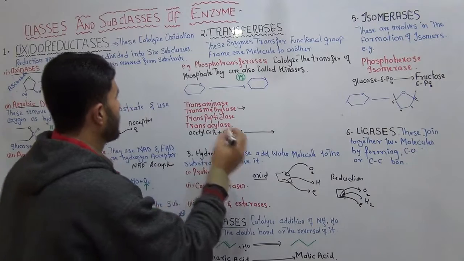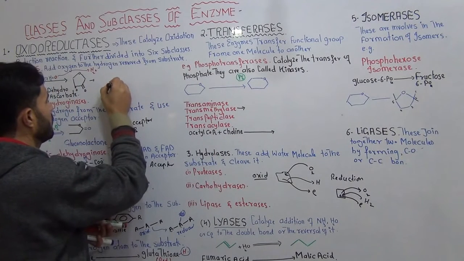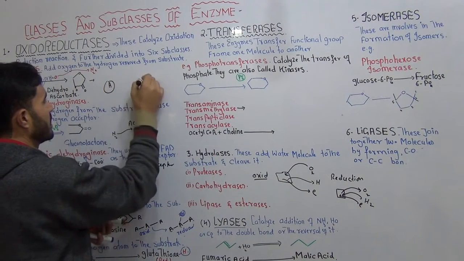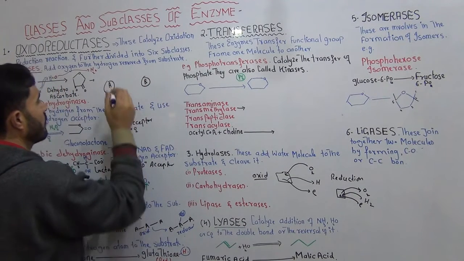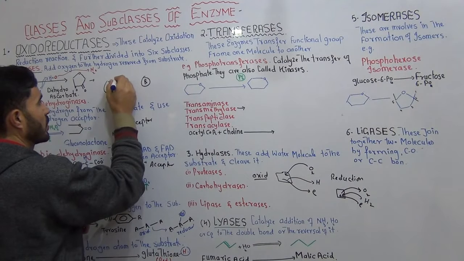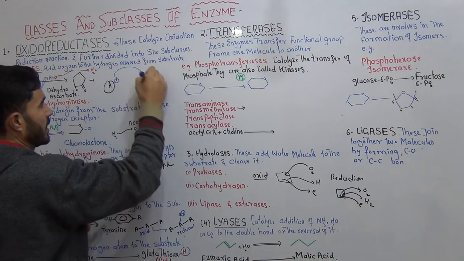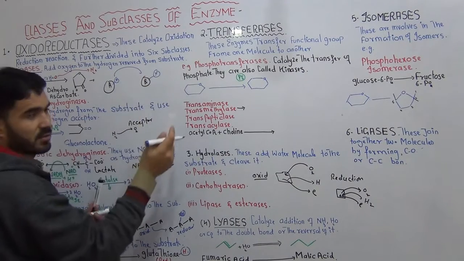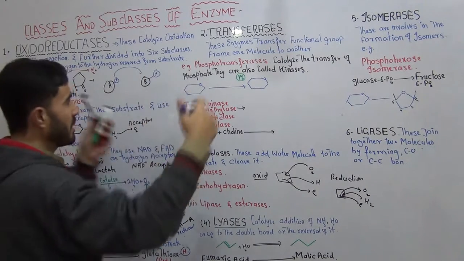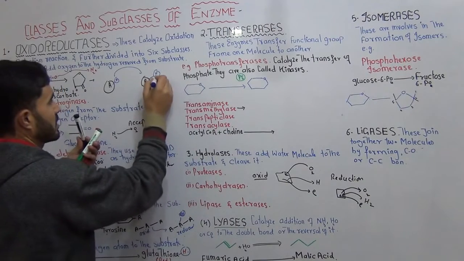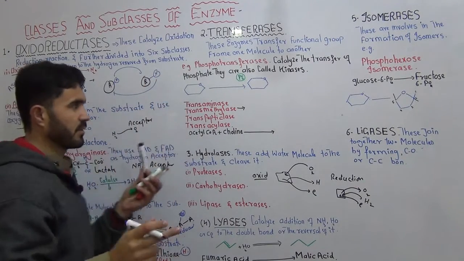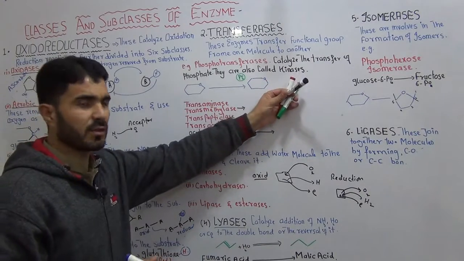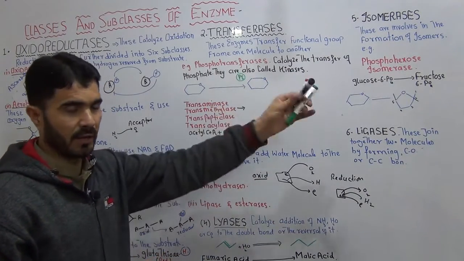Let's suppose this is one molecule and this is another molecule B. They will transfer a small group, let's suppose X, from this one to this one, sometimes in exchange. So these transferase enzymes transfer groups from one molecule into another.